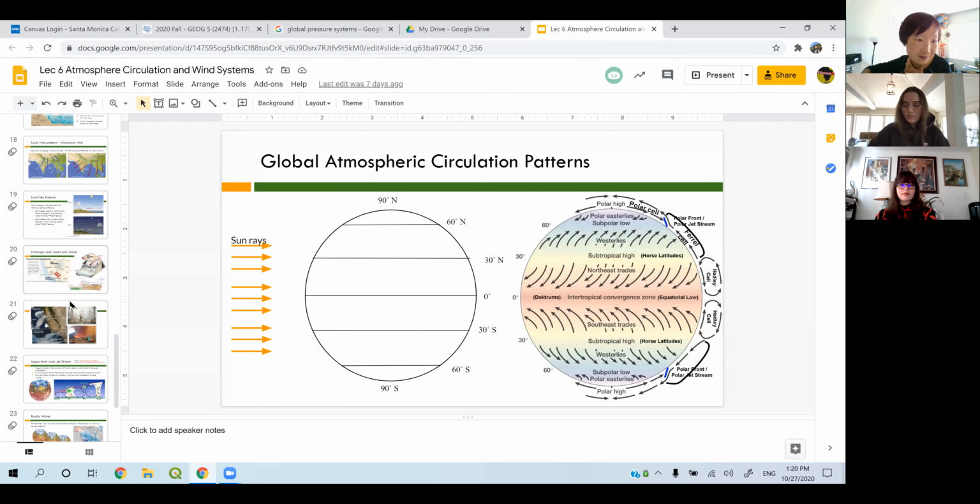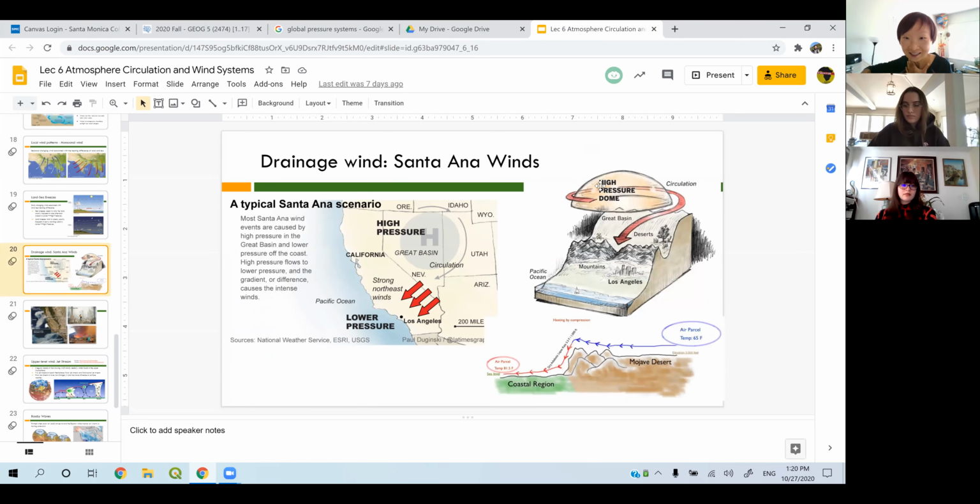Then other things will be very, very straightforward. This is just the Santa Ana wind. Here is a high pressure, and a low pressure down here in LA, because in early or mid fall, like now, our land is cold.